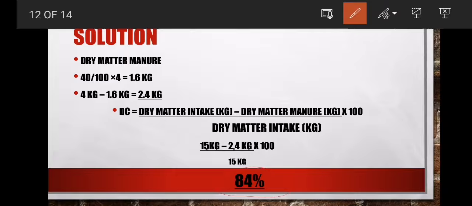It is more than 60. So we can then conclude and say what? The feed was a concentrate. Why? Because the coefficient digestibility is more than 60%. Then you get 3 marks in that case.